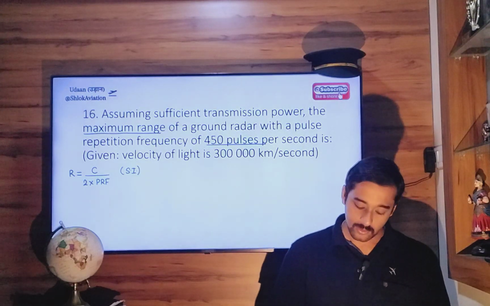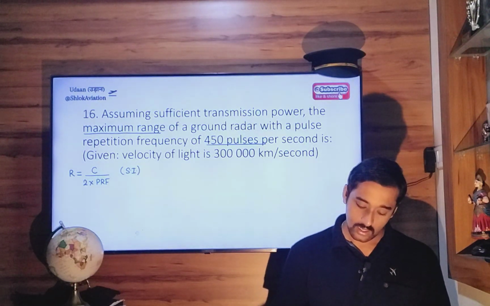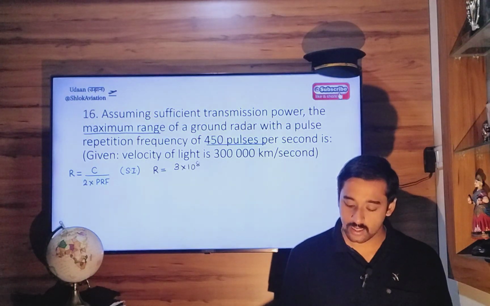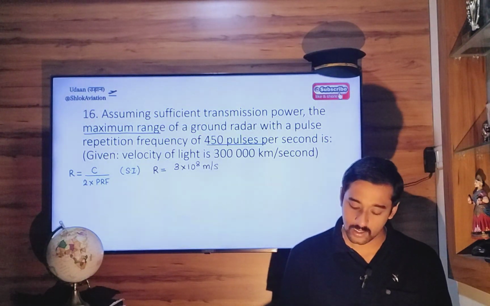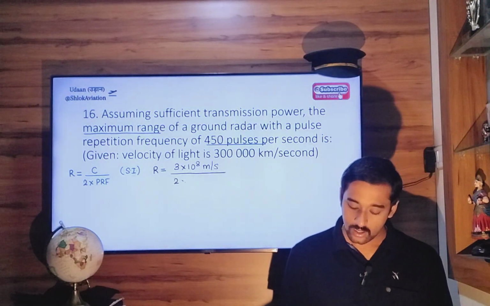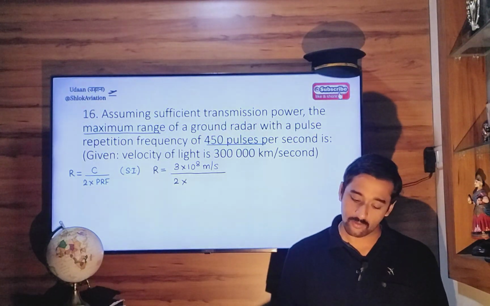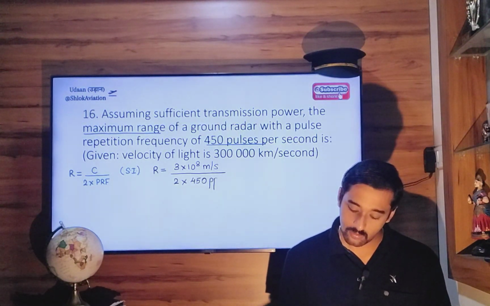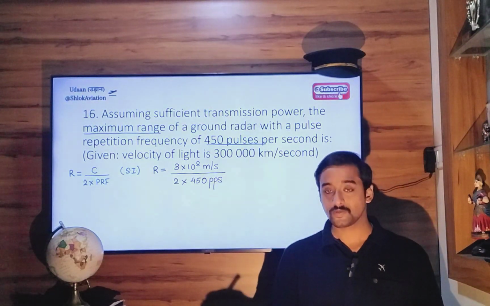Substitute the values. Range will be equal to speed of light, or speed of radio wave, 3 into 10 raised to 8 meter per second, divided by 2 multiplied by frequency. What is frequency here? It is 450 pulses per second.